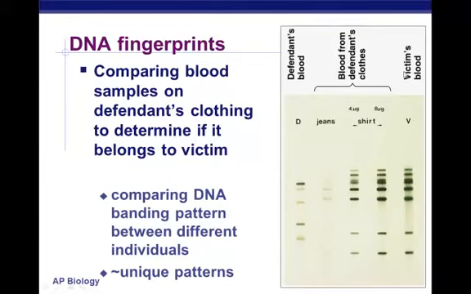And here you can see the victim's blood is on the suspect's shirt. We collect sample evidence and look for those patterns. It creates what we call a fingerprint, almost like fingerprints left behind when you touch something. We can compare these fingerprints between different individuals.